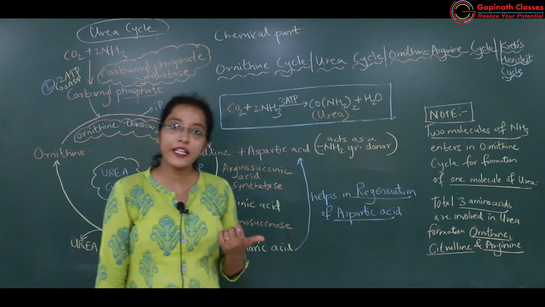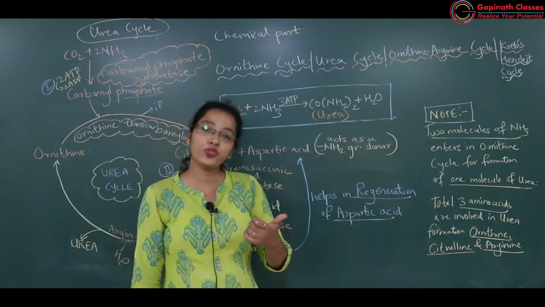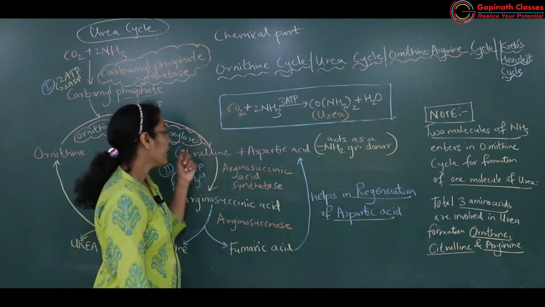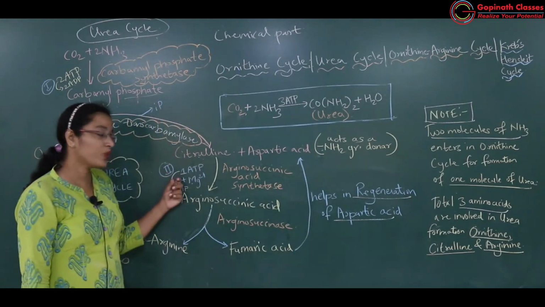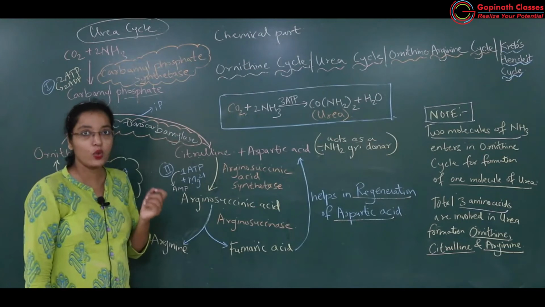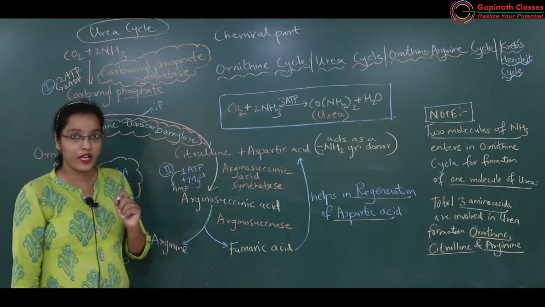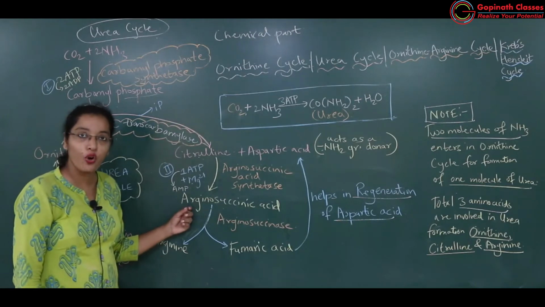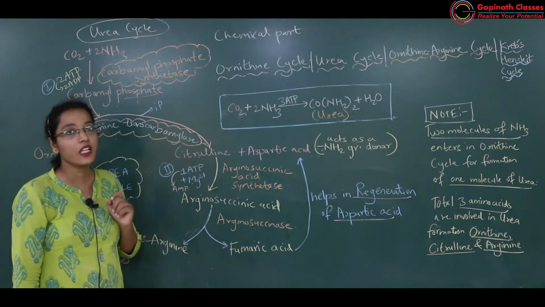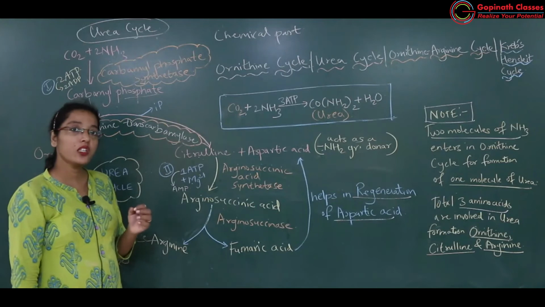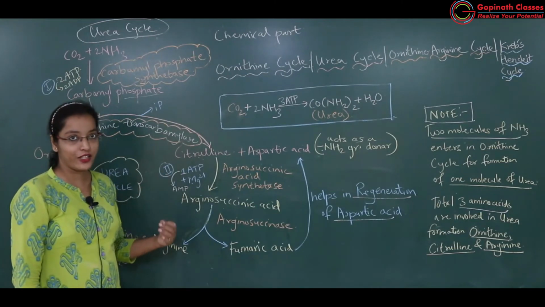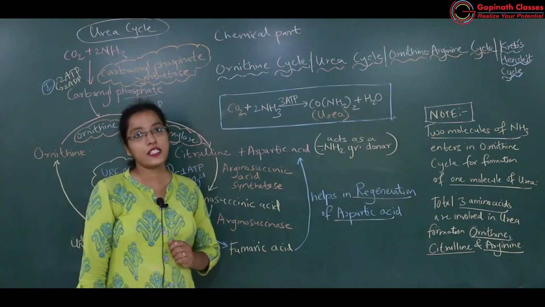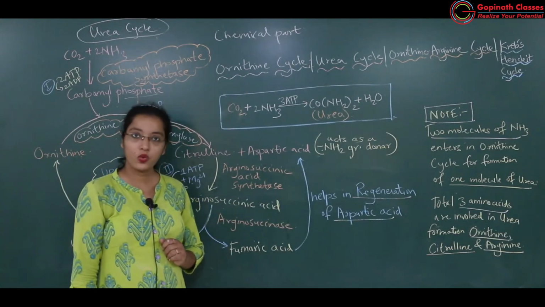So aspartic acid donates its amino group to citrulline. This step also utilizes 1 ATP molecule and Mg2+ ions, and likewise arginosuccinic acid is formed. For catalyzing this reaction, the arginosuccinic acid synthetase enzyme is needed.